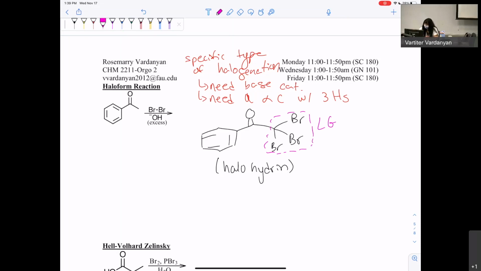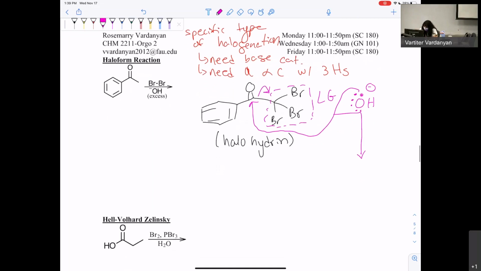So we're actually going to end up using our OH that we have left over because we have excess, remember? And it's going to attack here and actually kick that whole thing off. So what functional group would we form if we did that?